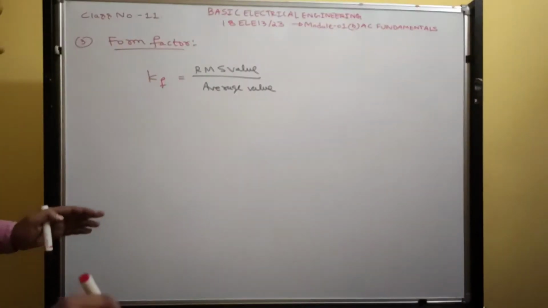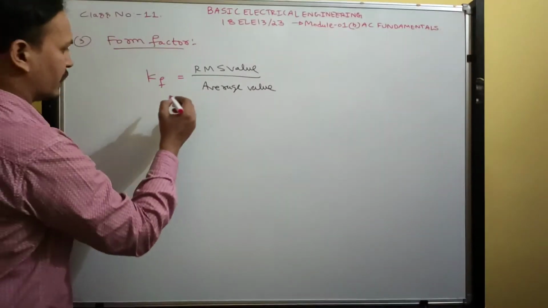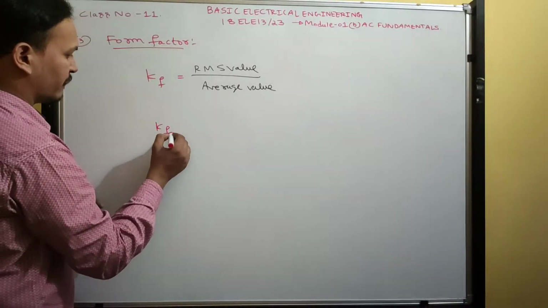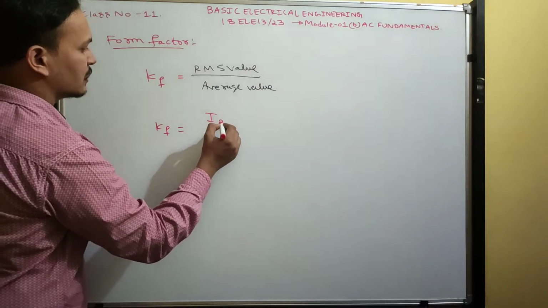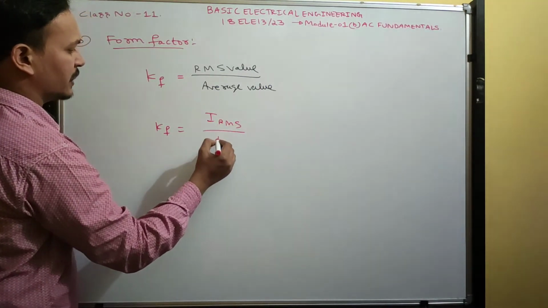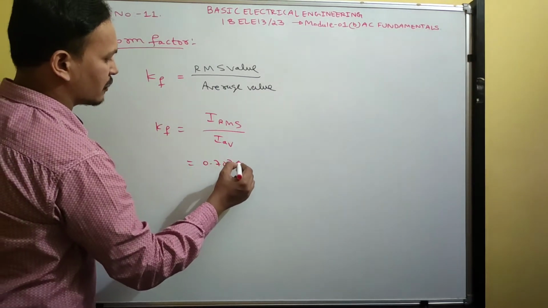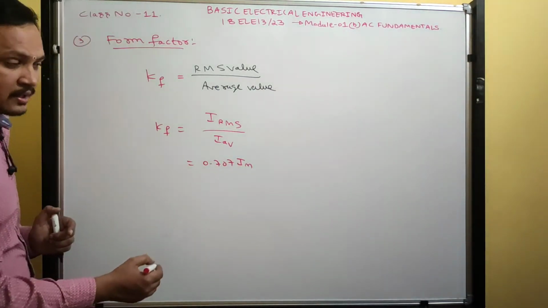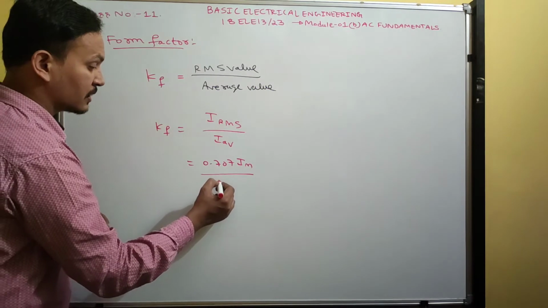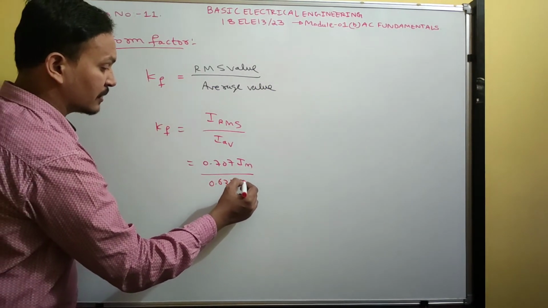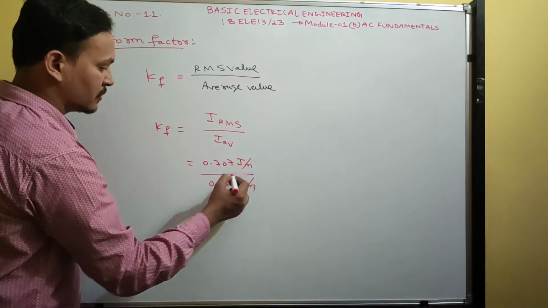Now consider the quantity is current. The form factor is I RMS divided by I average. I RMS is 0.707 times the maximum current, and average current is 0.637 times Im. Im cancels.